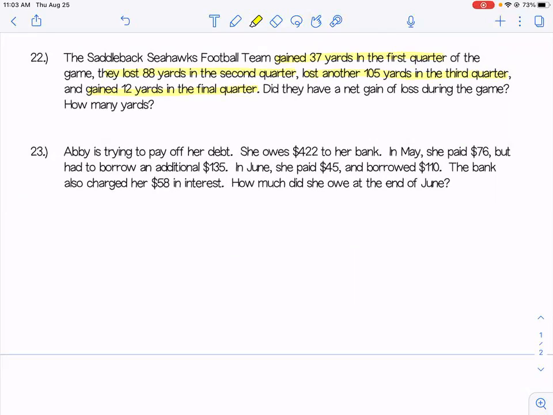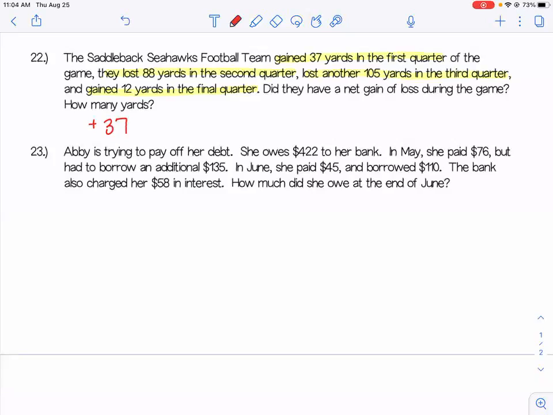Did they have a net gain or loss during the game? How many yards? So basically, this is asking how many yards did they lose total? Okay. So if they gained 37 yards, is that a positive or a negative 37? It's a positive 37. Okay.